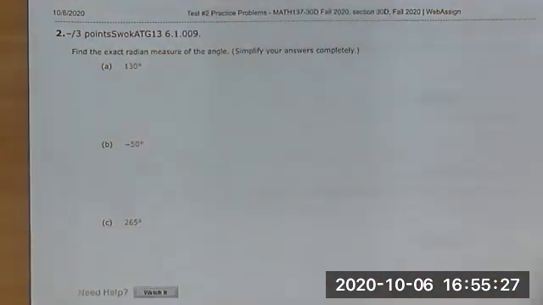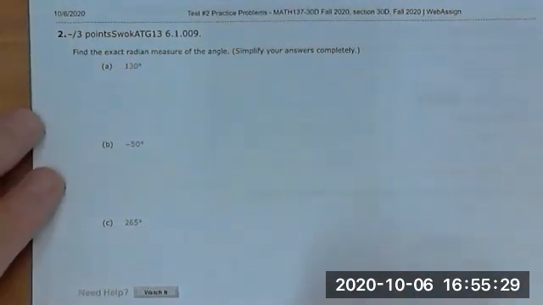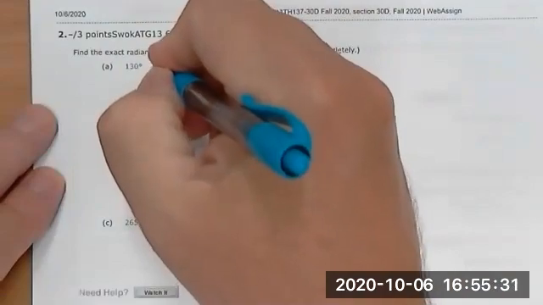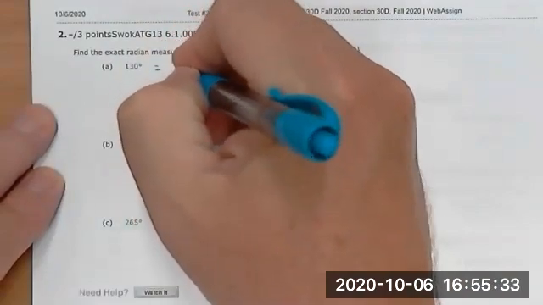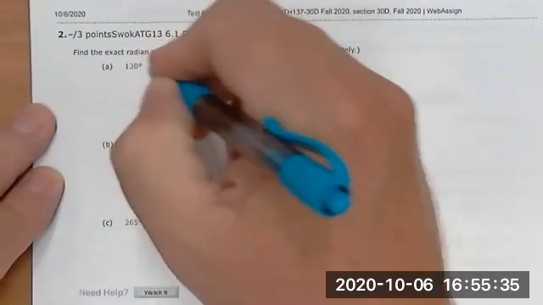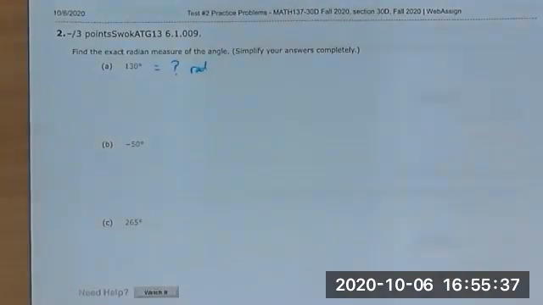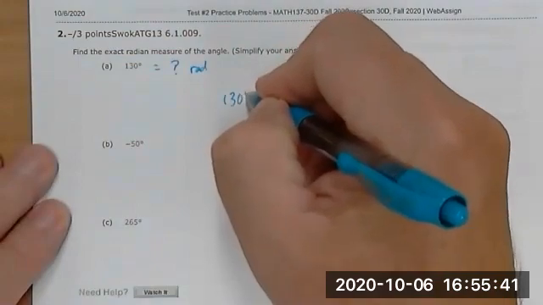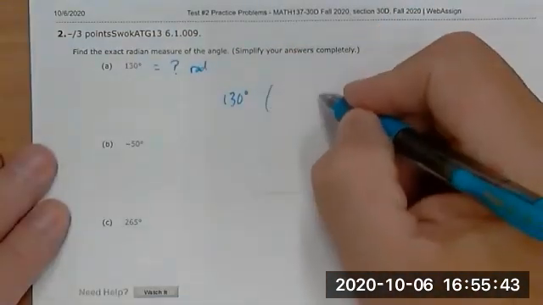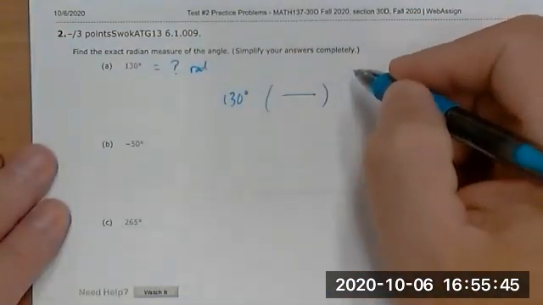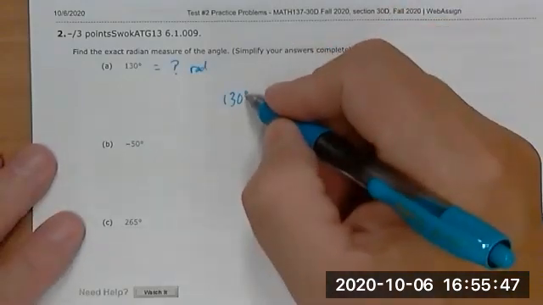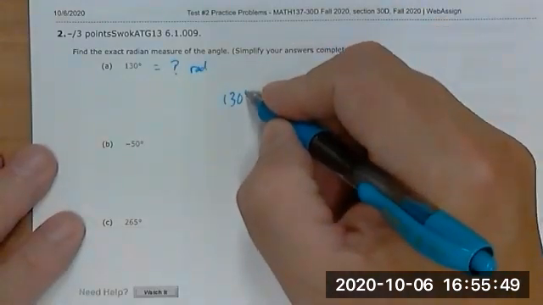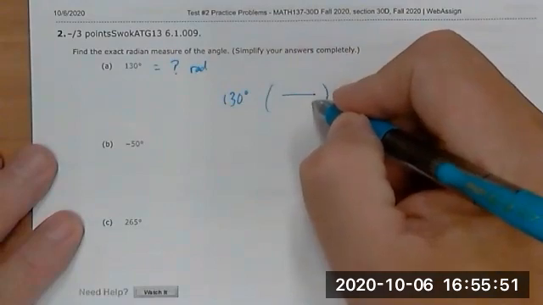So I've got an angle in degrees, and I want to get to radians. So basically, a lot of times I say 130 degrees equals how many radians? This is where you write down your initial angle. We set up what's called our unit fraction. The unit I start with goes in the bottom of the unit fraction.